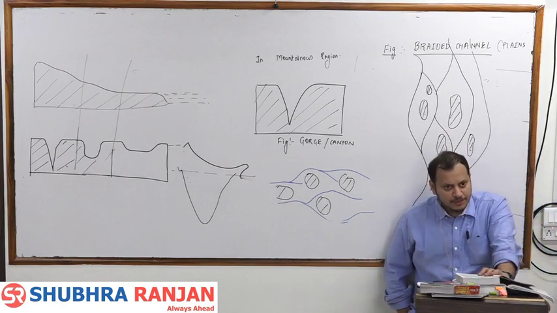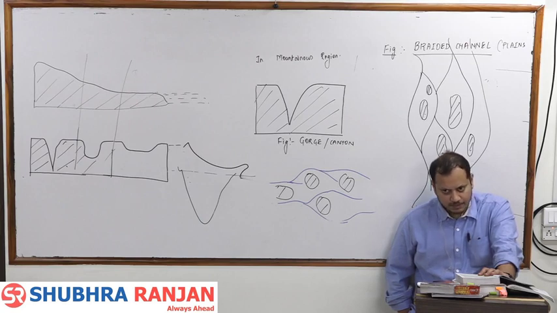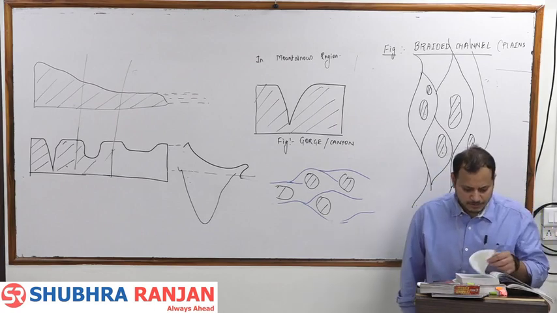But the entire landform on the Earth's surface is an outcome of either endogenetic processes or exogenetic processes.